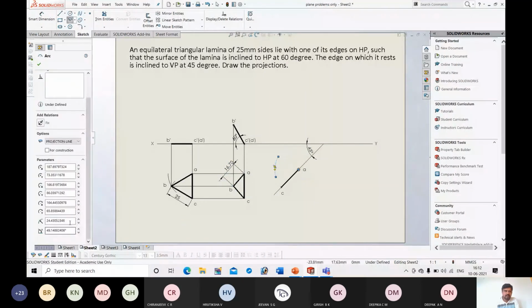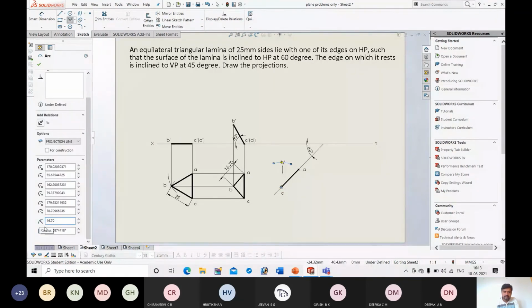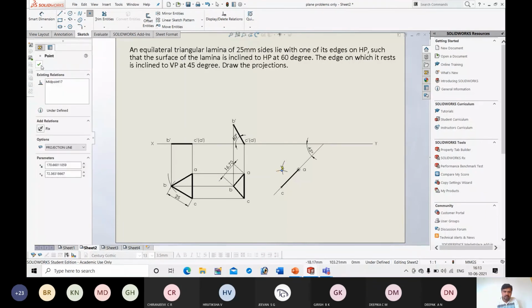Again, I will draw one more arc for the same radial distance, 16.70. Next, this is point B. Next, I will connect the points.